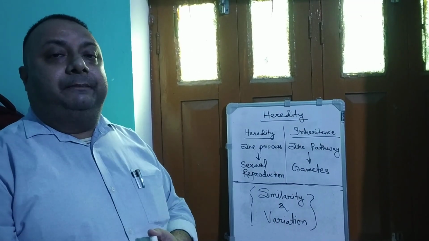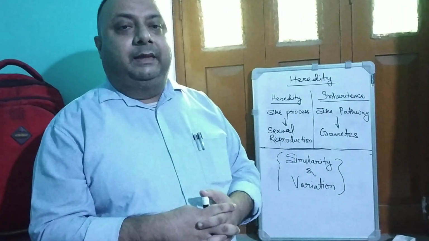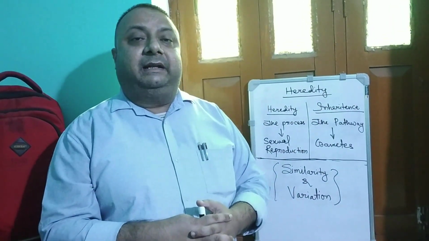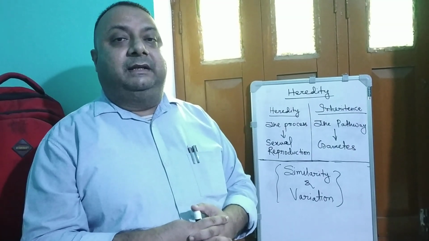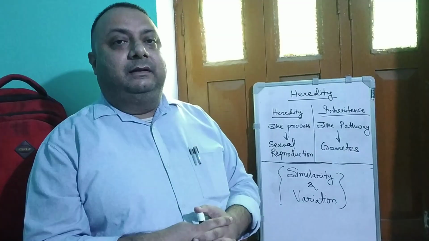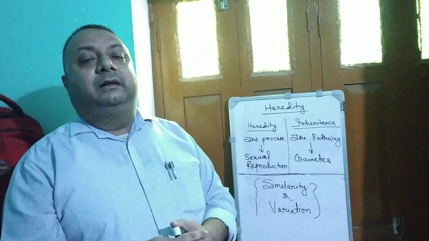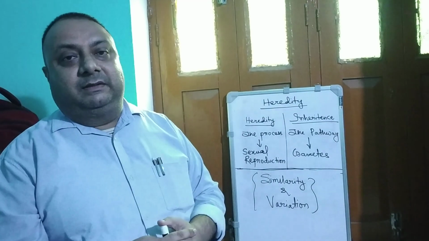Now the next topic as per NCERT is similarity and variation. When we talk about two different species of the same class, suppose cow and human, both are mammals.